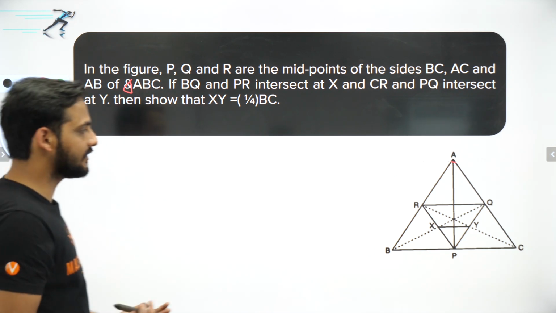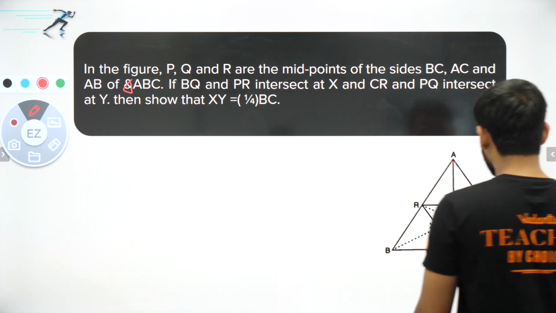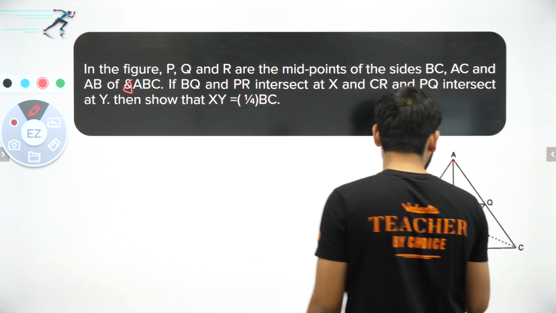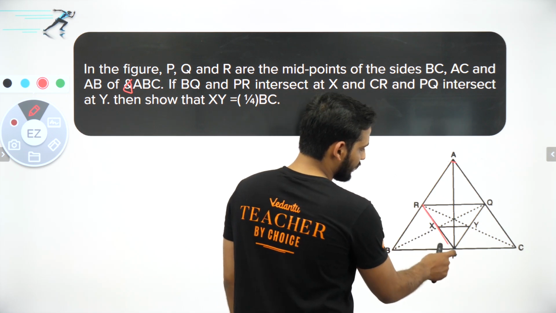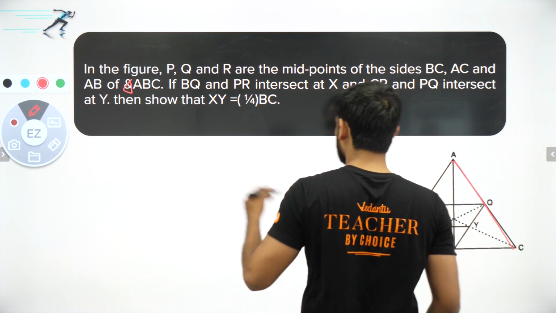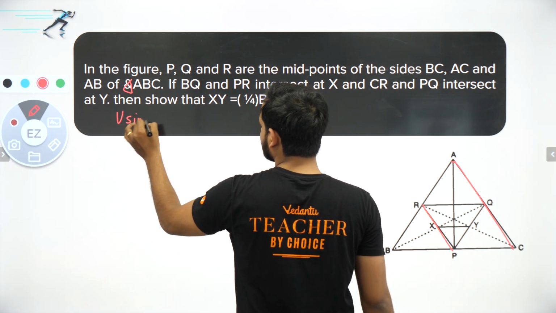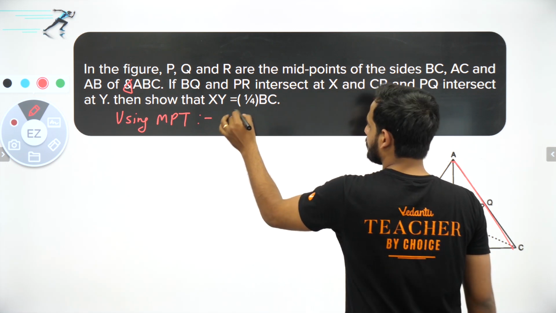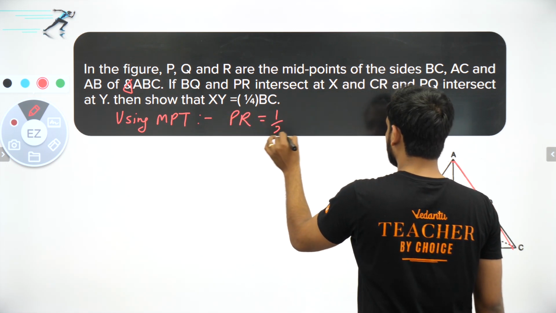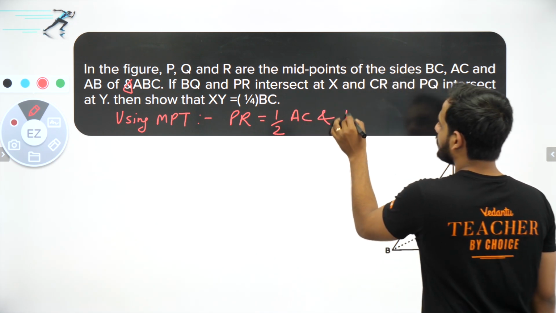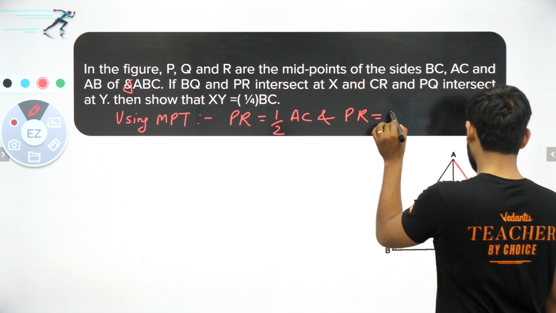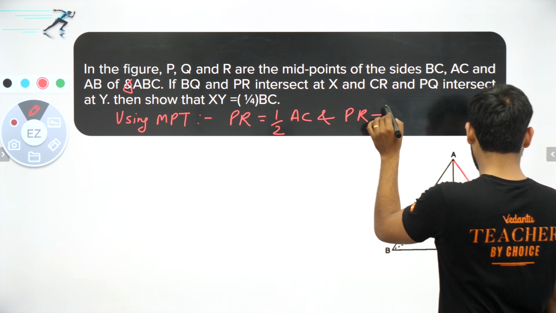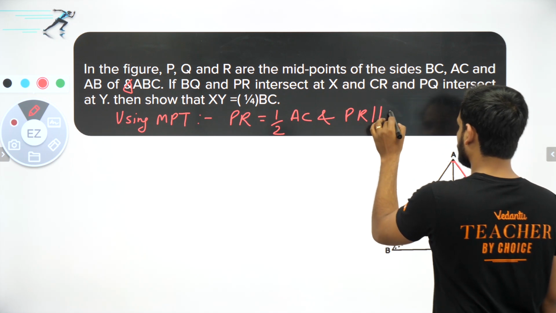First, utilize the information which is given here. They have told that P, Q, R are all midpoints of these sides. So using MPT, I will be getting 3 relations. PR is half of AC and PR is parallel to AC.